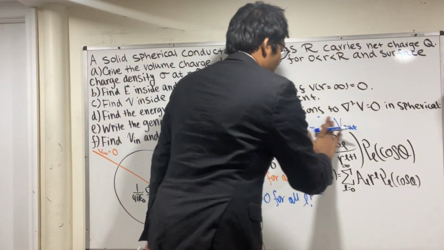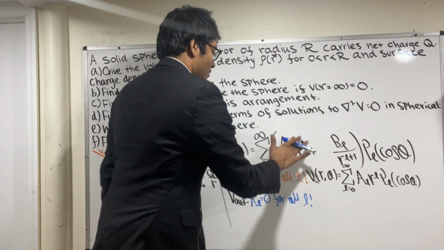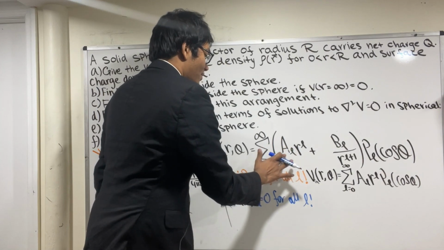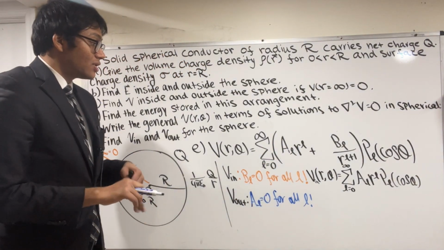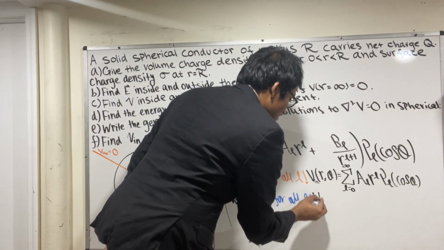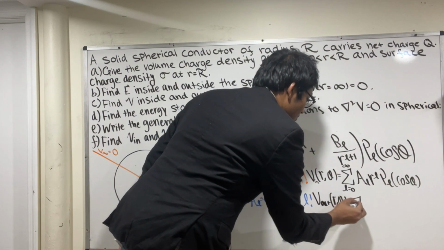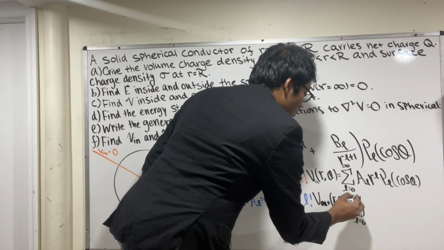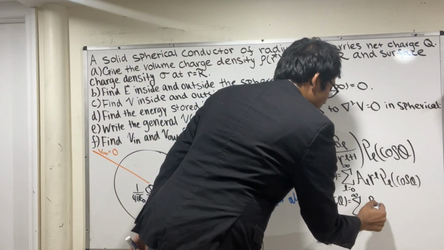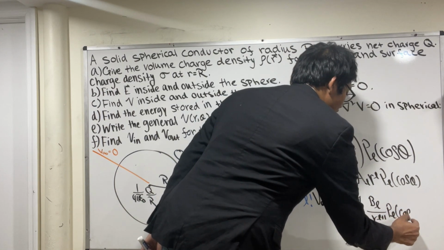Okay, so that is the key idea for why B sub L is 0 inside the sphere, and why A sub L is 0 outside the sphere for all L. So now we can say what the electric potential is going to be outside. V sub out as a function of r and theta is going to be much the same, but now only without the A sub L term and only with the B sub L term, over r to the L plus 1, times P sub L of cosine theta.